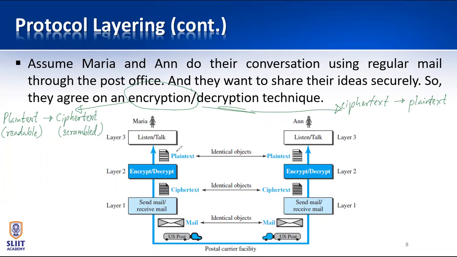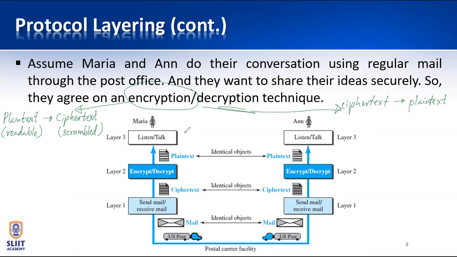We can add all of them together into one single process. But there's a reason to break these steps into 3 different layers. When you consider this basic communication, they want to send a very simple document or message, but they want to make this transmission process secure.